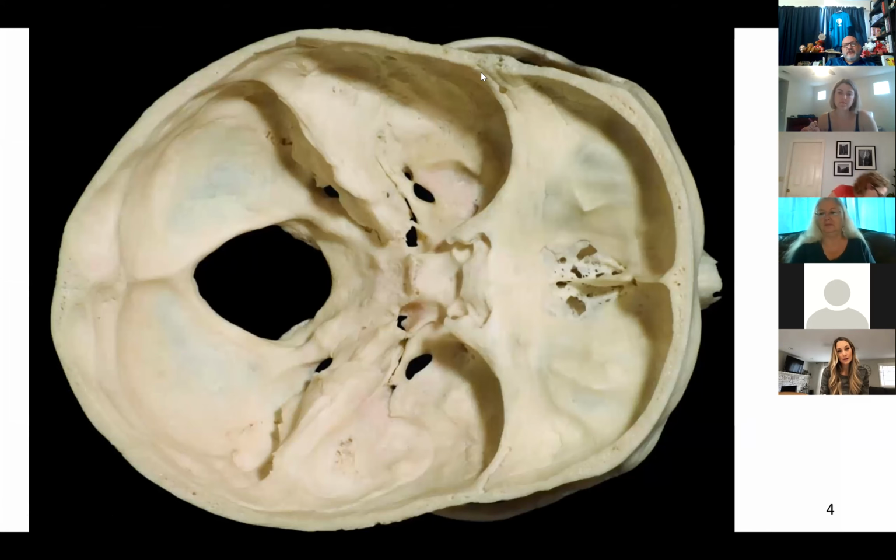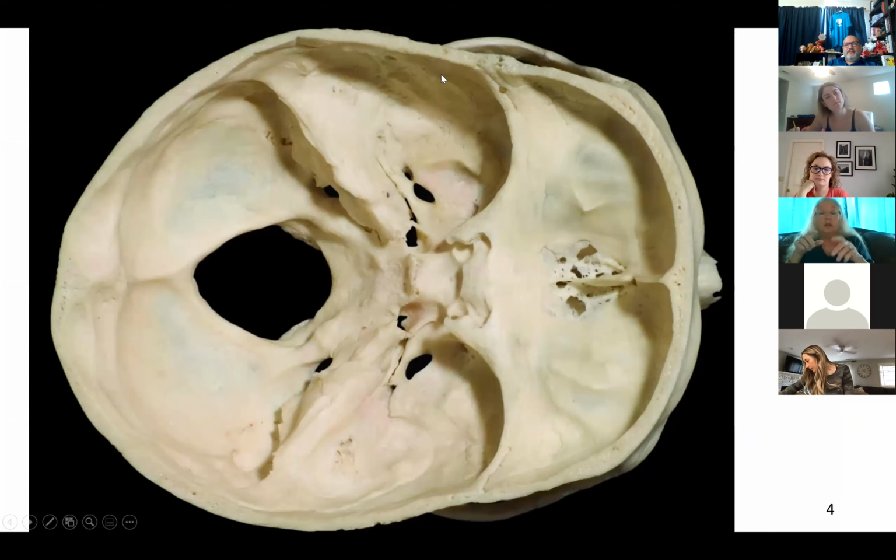All right, excellent. So next are the cranial fossas. As you look inside the skull, this is the cranial cavity formed by the cranial bones. But if you notice, it's compartmentalized into three distinct regions at three different depths.